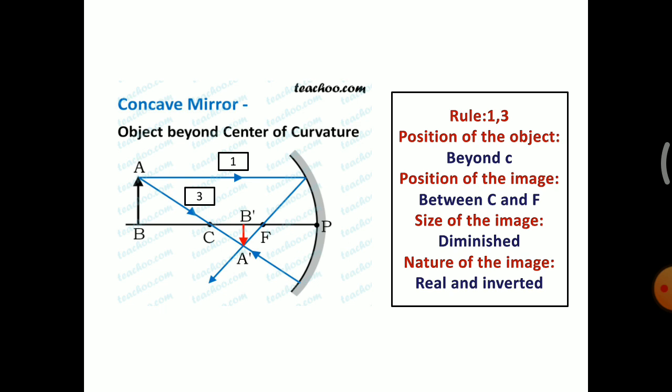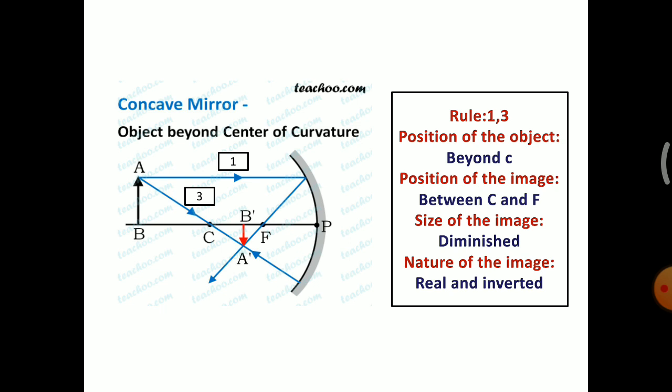You know rule number 1: any ray parallel to the principal axis, after reflection, will pass through the focus. And I used the third rule: any ray passing through the center of curvature will go back along the same path.